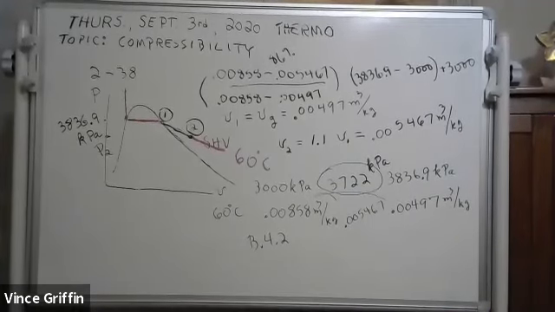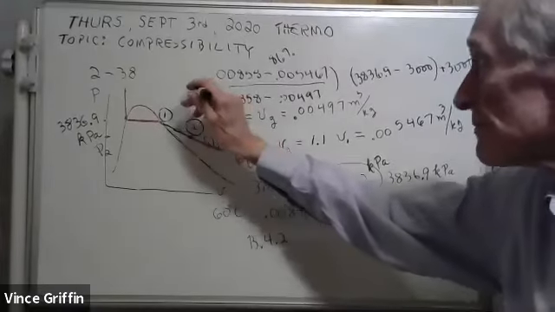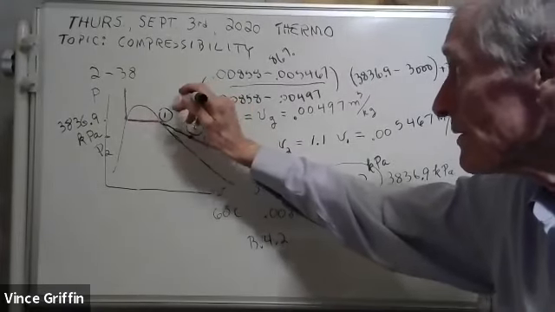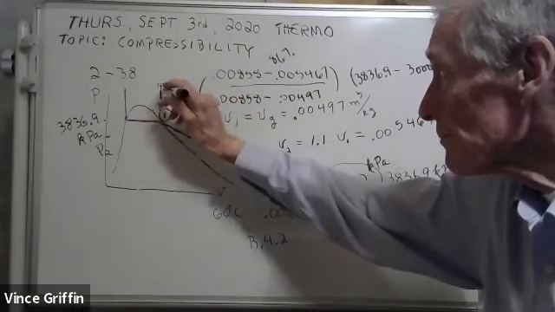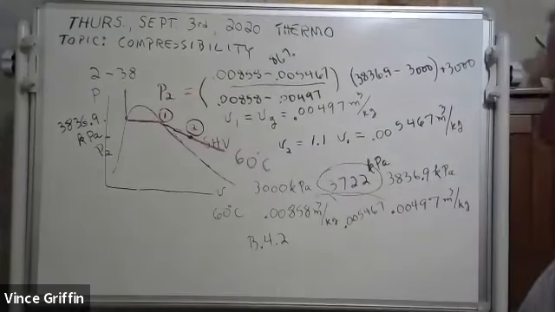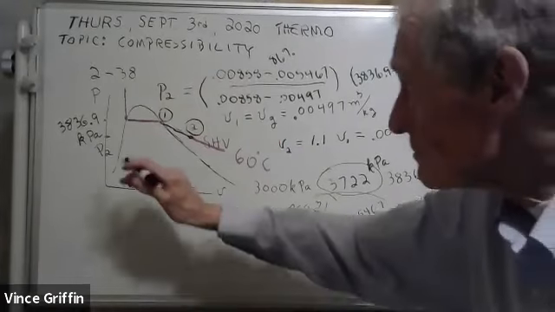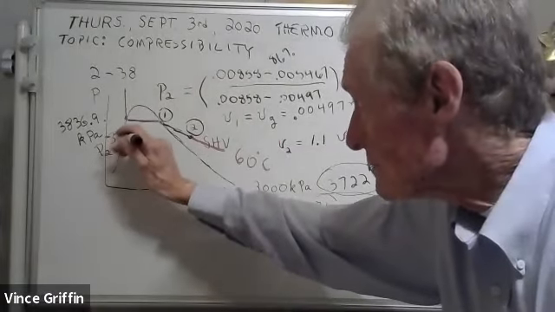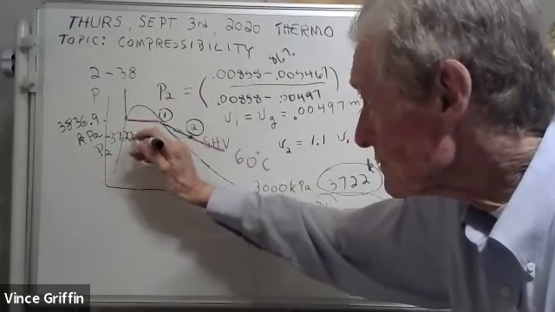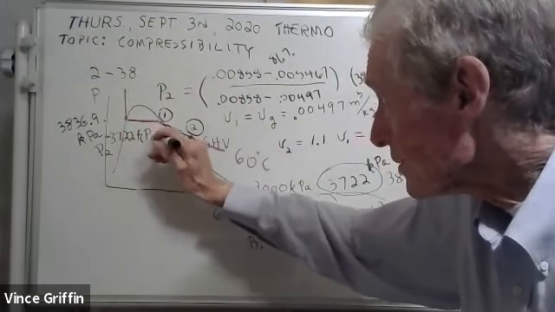Now, if you'll do all that, you should get the pressure at state 2. We think it's 3722 kilopascals.